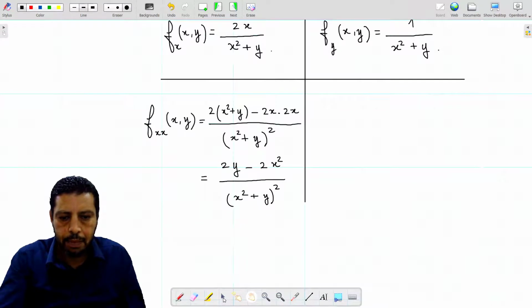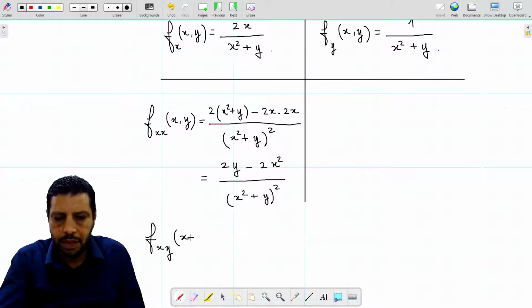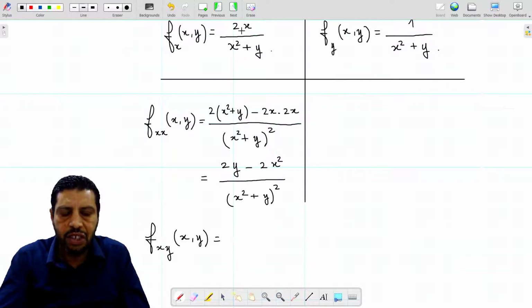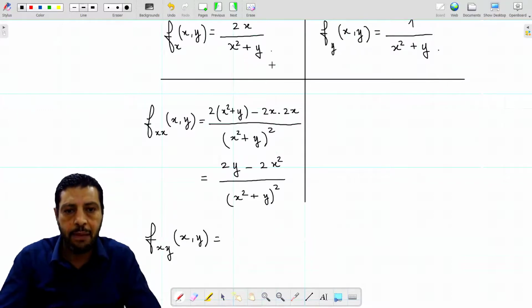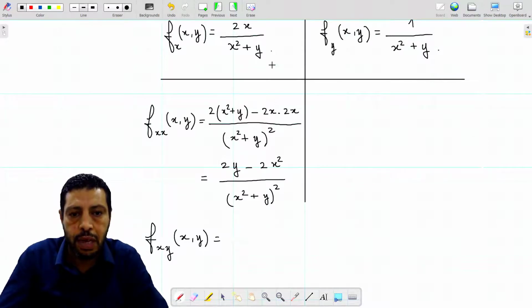Now, let's move to fxy of x and y. Now, we're going to look at this function and take its derivative with respect to y. But this time, from a y point of view, it's not a quotient of two functions of y. It's just the inverse of a polynomial of y.